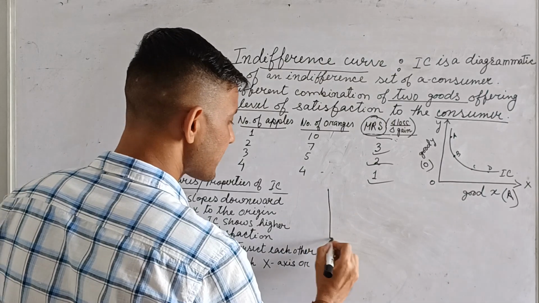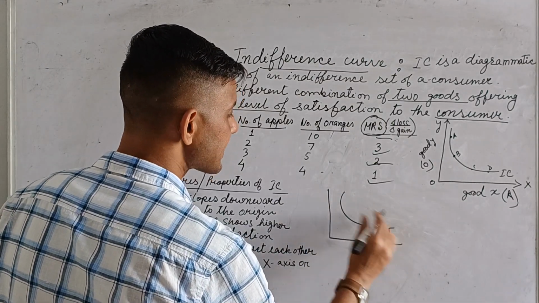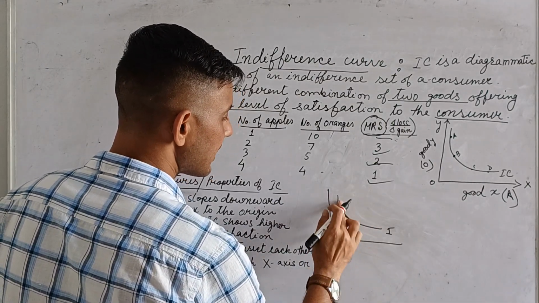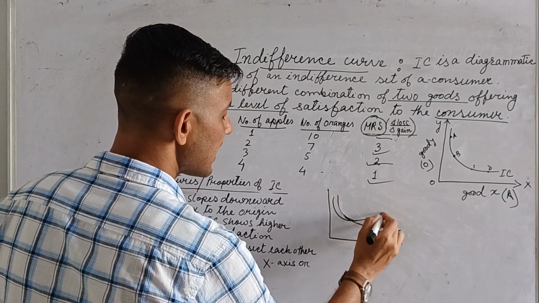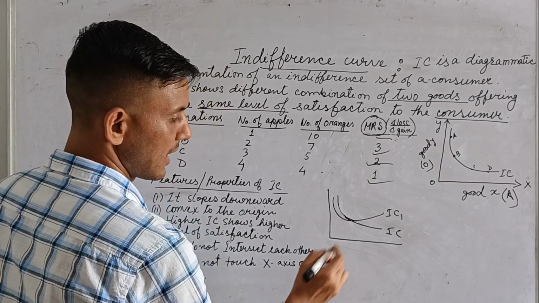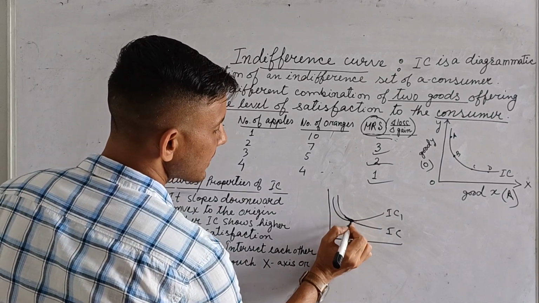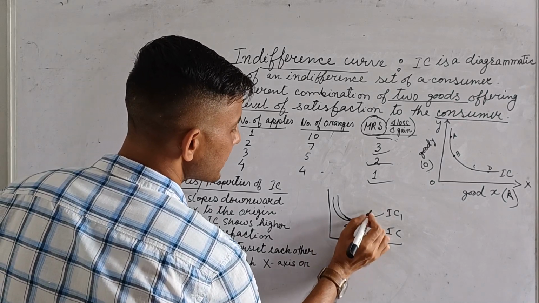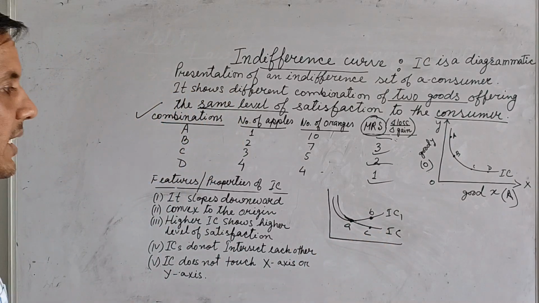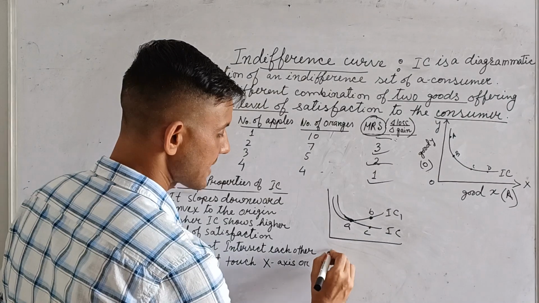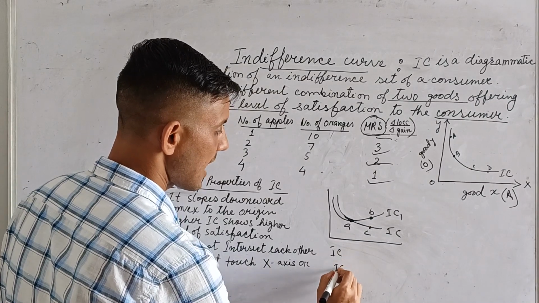For example, suppose this one is the IC curve, and this one is another one, the IC1. Suppose this one is point A, this one is point B, and this one is point C. Now you see there are two curves, the IC curve and the IC1.